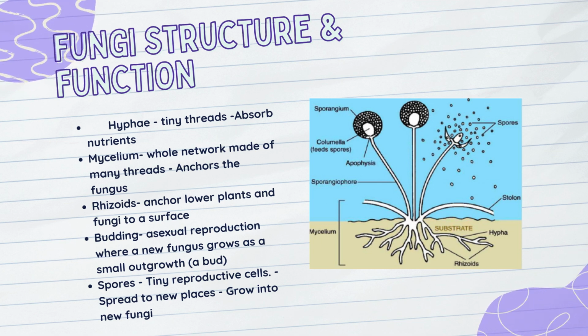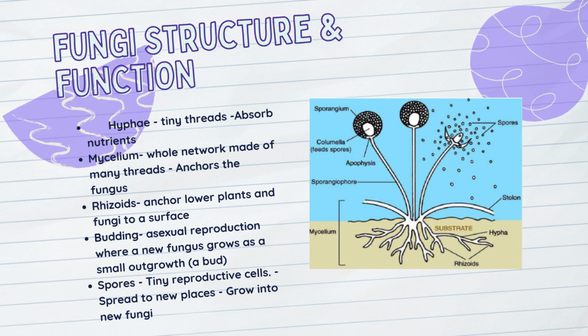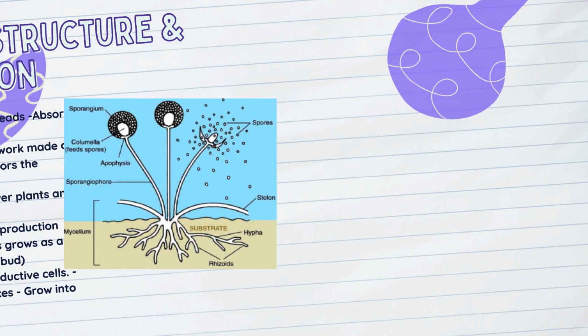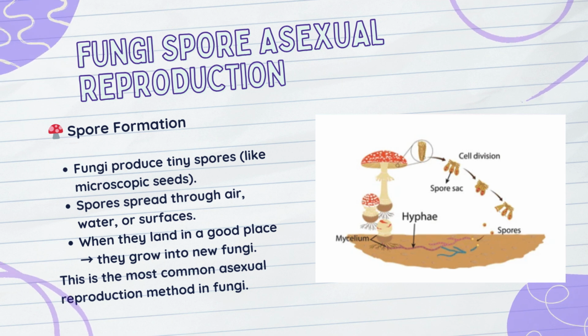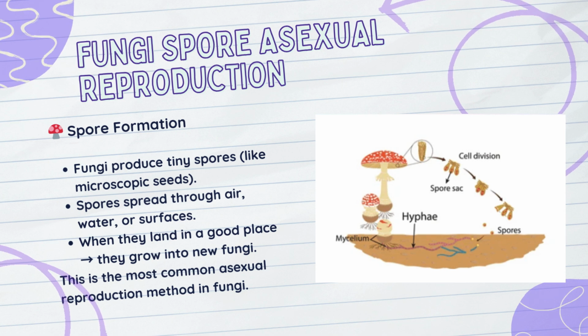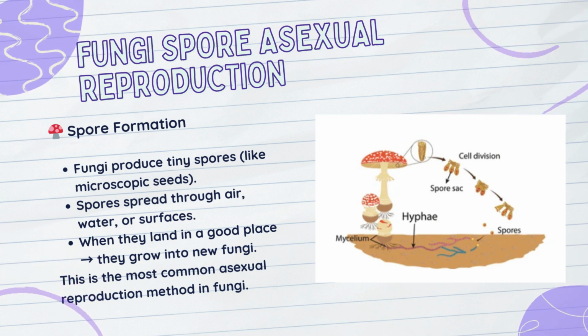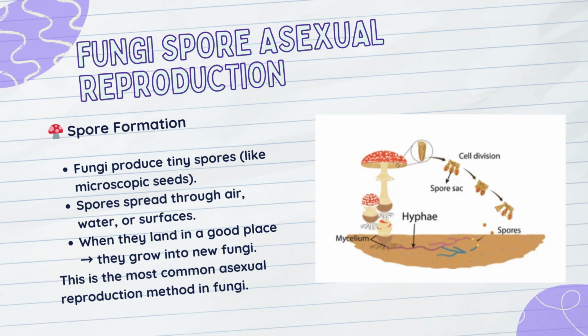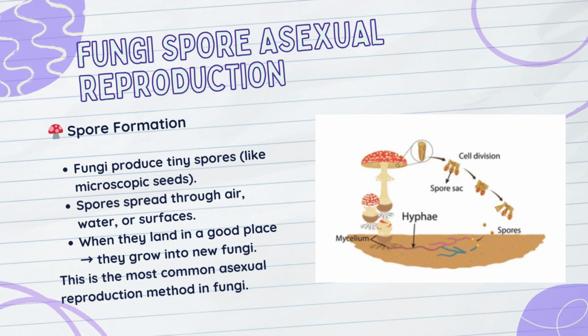Now let's look at the asexual reproduction of fungi. So what will happen is that spores will form. They're just tiny microscopic seeds. They are at the top of the fungi.